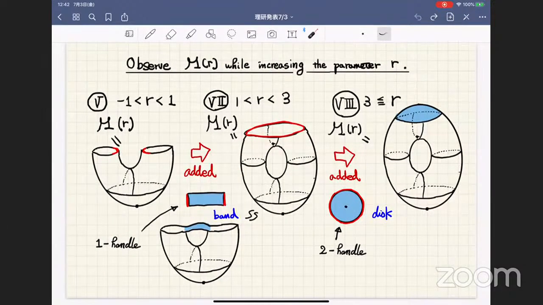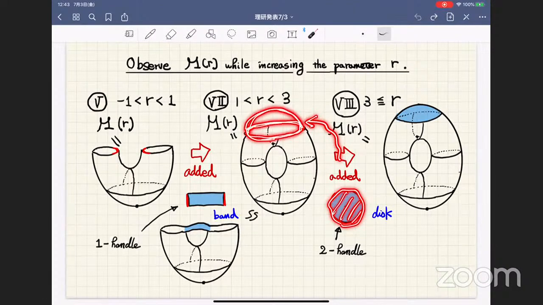And the difference between 7 and 8 can also be described by adding this two-dimensional disk, like this, attaching.